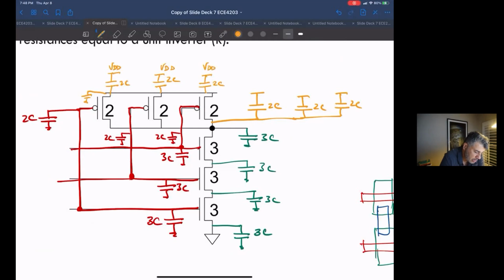So these guys don't matter. And also this guy, both sides of this capacitor are hooked up to ground, so this guy also doesn't matter.